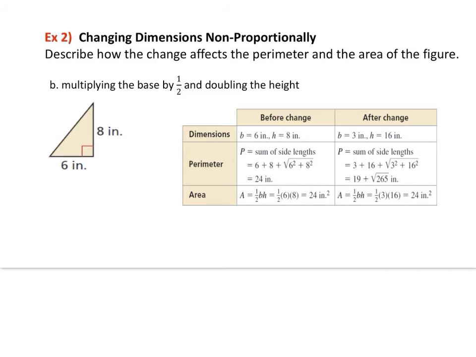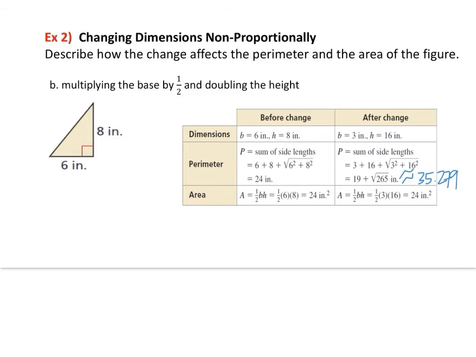And then our height times base divided by 2 for the area comes out to be 24 square inches. And if you calculate the square root of 265, it's approximately 16.279, and then add it to the 19. And that's where you get approximately 35.279 for the total perimeter.